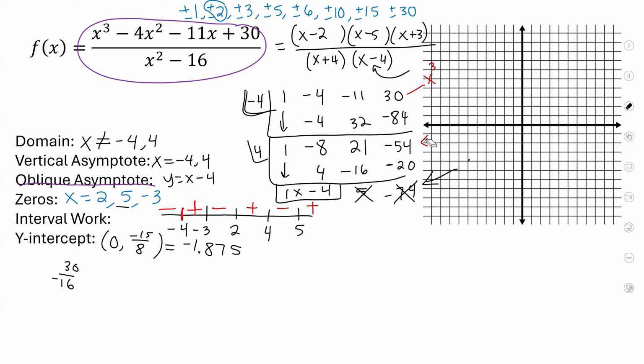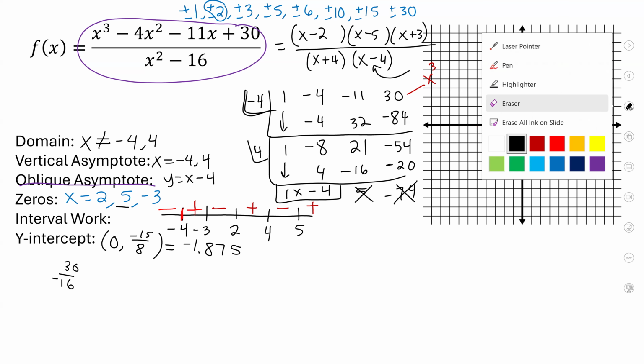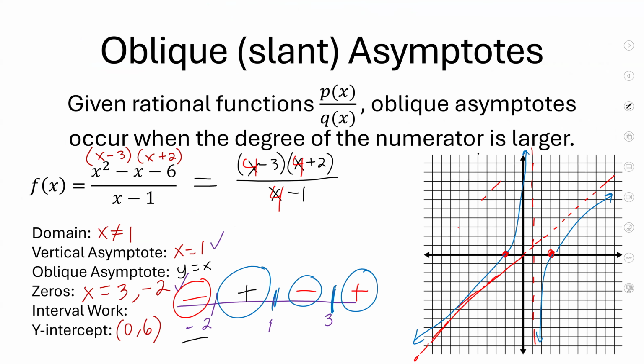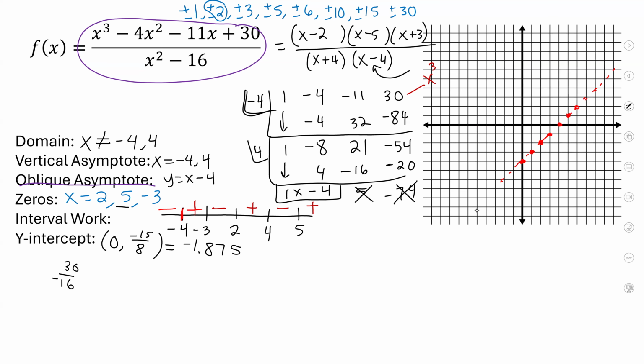So now let's plot everything that we know. I have an oblique asymptote right here. This is the equation, x - 4. So this is what your oblique asymptote will look like. All right, we have a vertical asymptote at -4 and also at +4.